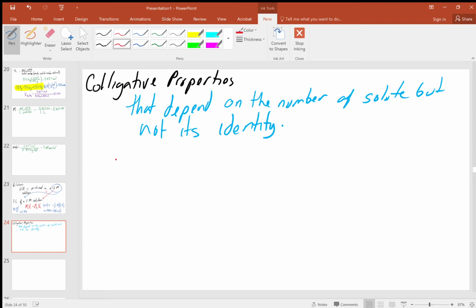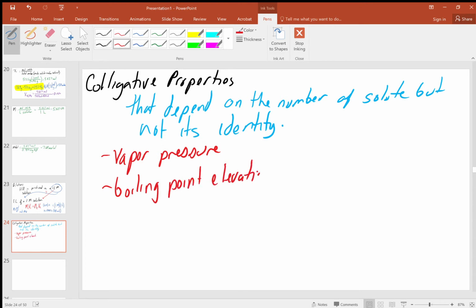And so examples of colligative properties are things such as lowering of the vapor pressure, boiling point elevation, freezing point depression, and osmotic pressure.